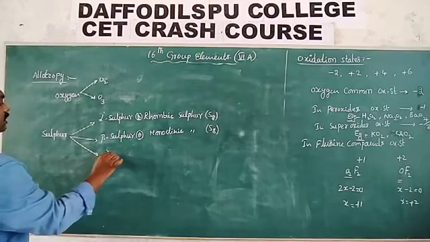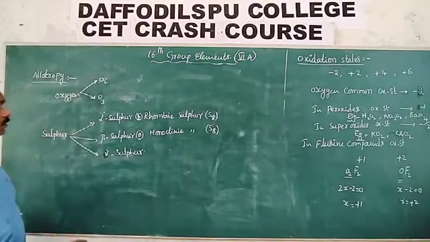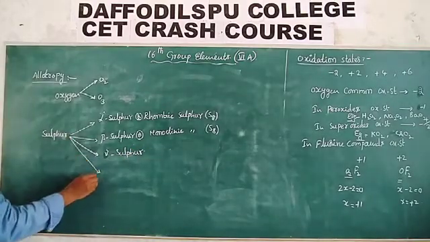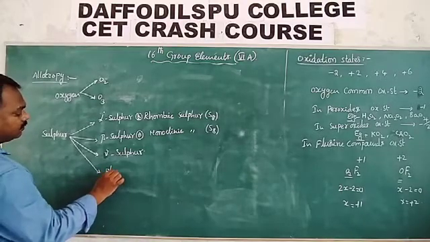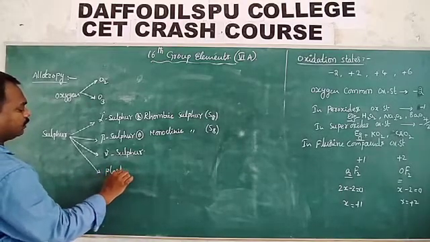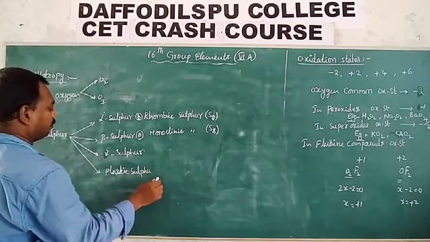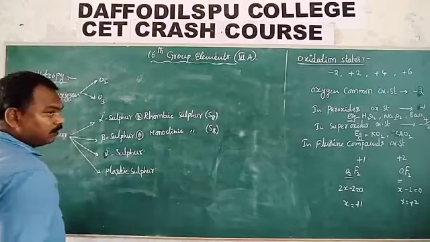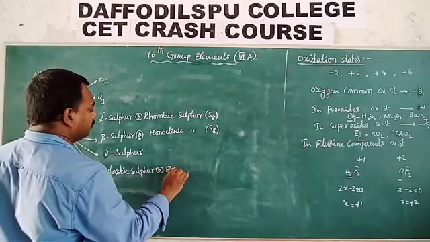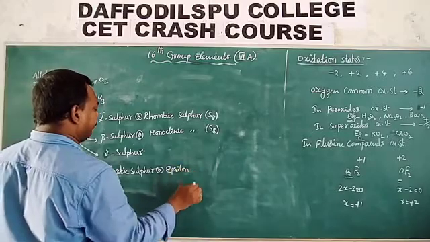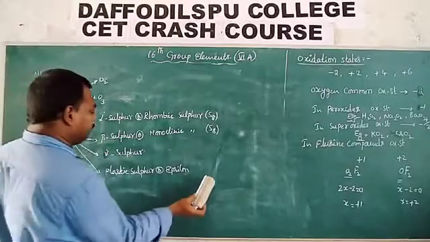Next one is gamma sulfur. Next one is plastic sulfur. Epsilon sulfur, or simply it can be written like this: xi sulfur.